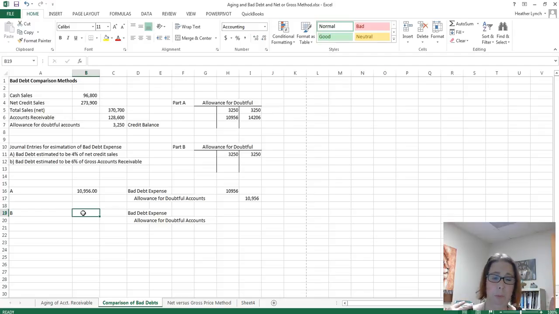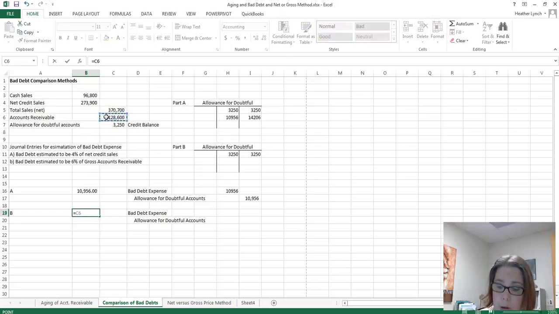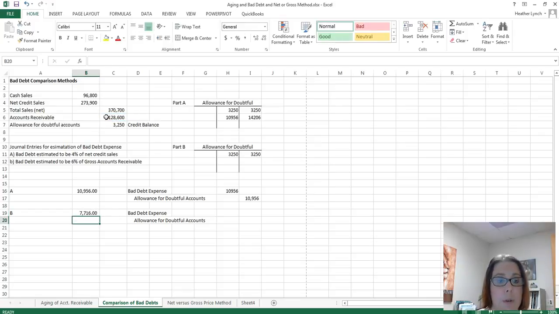This one, we're not going to base on the aging. We're just going to say, okay, based on our gross accounts receivable, we're going to estimate that 6% of that is uncollectible. So take my $128,600 times 0.06 for our 6%.